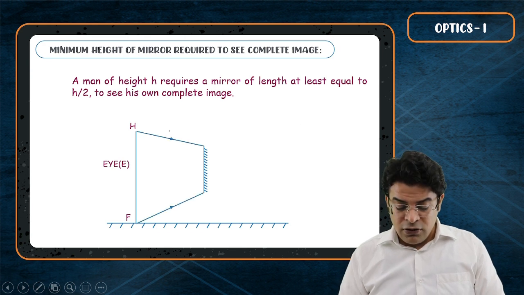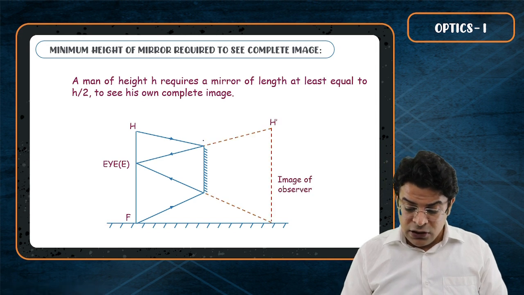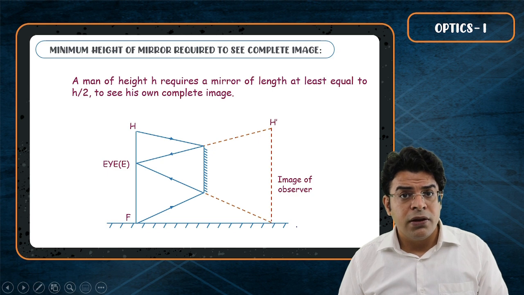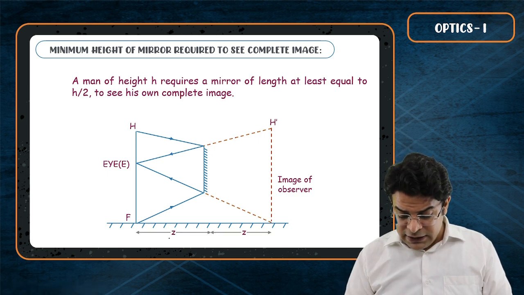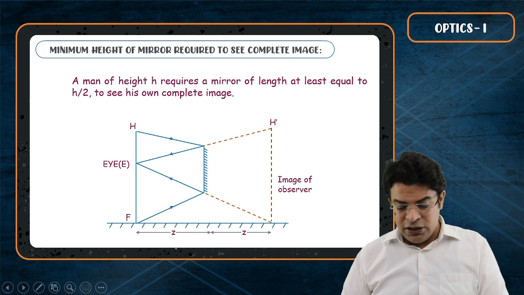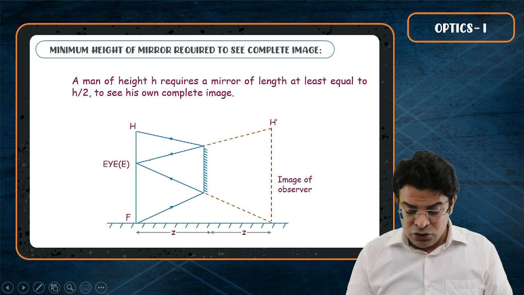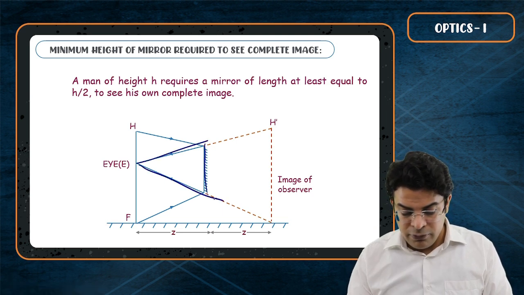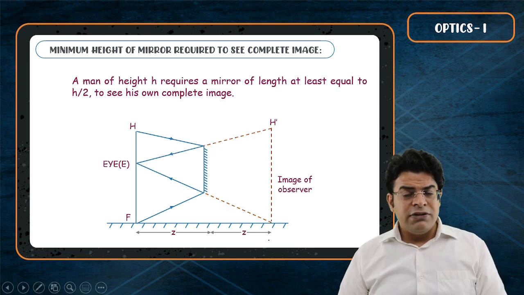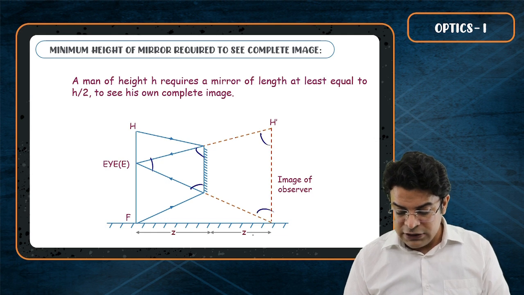So visualize the two extreme rays coming, and after reflection entering into the eyes, the two rays will appear to be coming from the image of the observer. Now you can say that if the object stands at a distance z in front of the mirror, then the image will be formed at distance z behind the mirror. Now bachcho, visualize the two similar triangles. This is the small triangle and this is the big triangle. You will say that for these two triangles, the internal angles are the same.